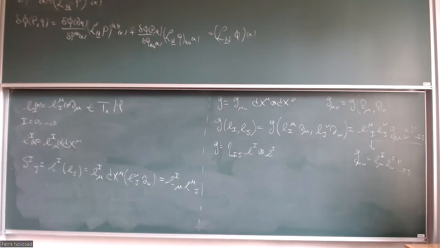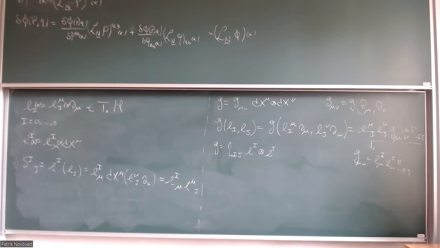Well, because the tetrads, if we take them to be one-forms, such tetrads are also called soldering forms.